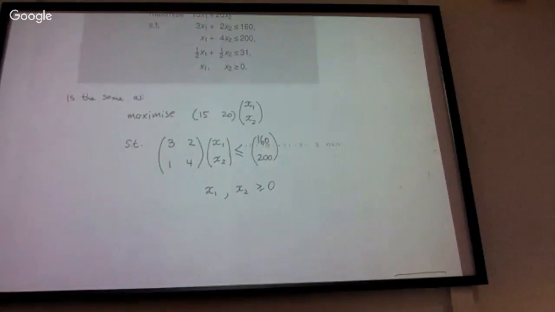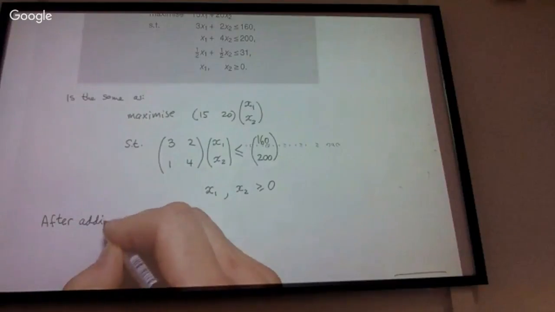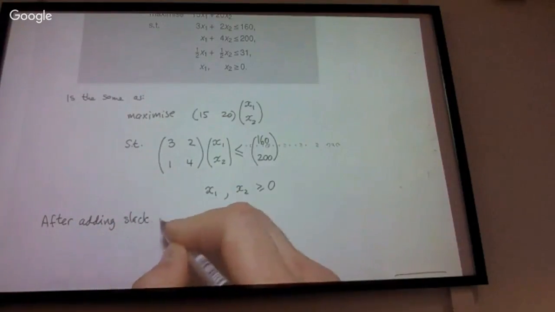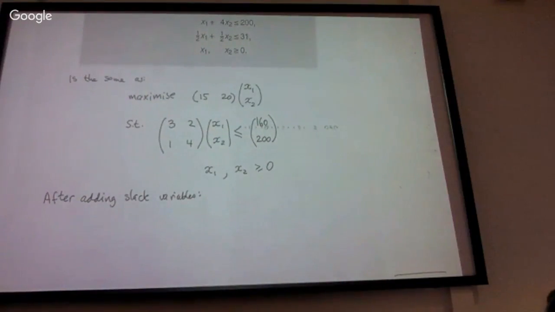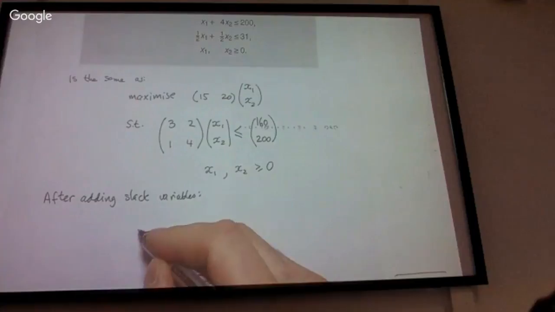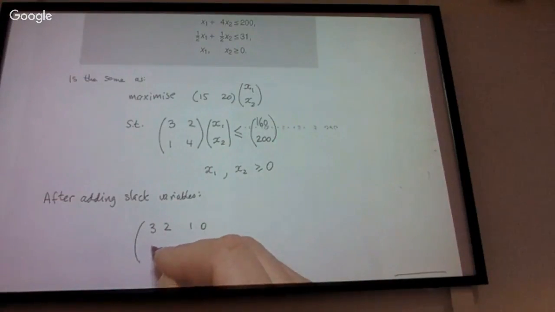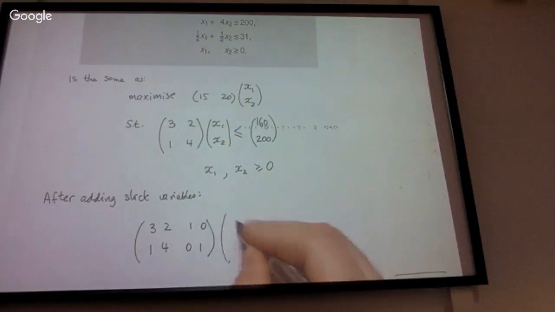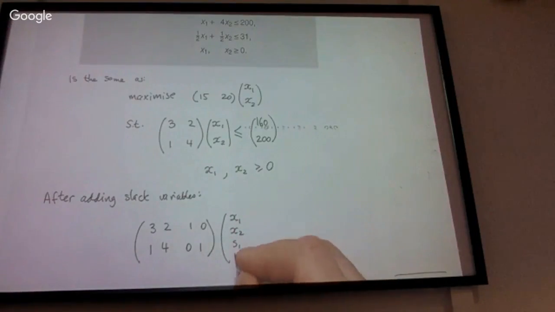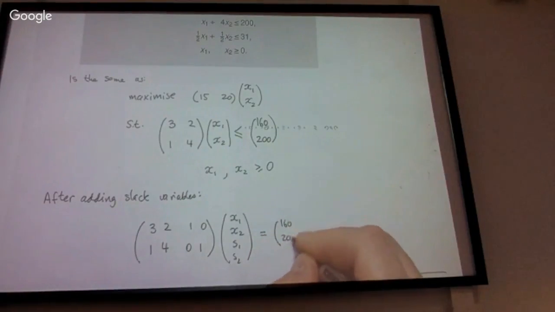Now, after adding the slack variables, what we have is 3, 2, 1, 0, and 1, 4, 0, 1 times x1, x2, s1, s2 is equal to 160, 200.